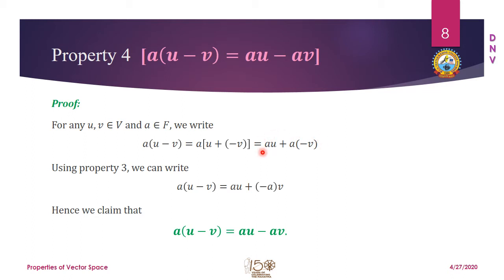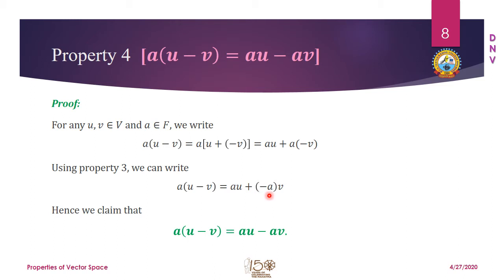Now we use the earlier property, property number 3, where we proved that multiplication of a scalar with the additive inverse of a vector is equal to multiplication of the additive inverse of the scalar with the vector. So these two terms are equal from property number 3, and I have written it like this.